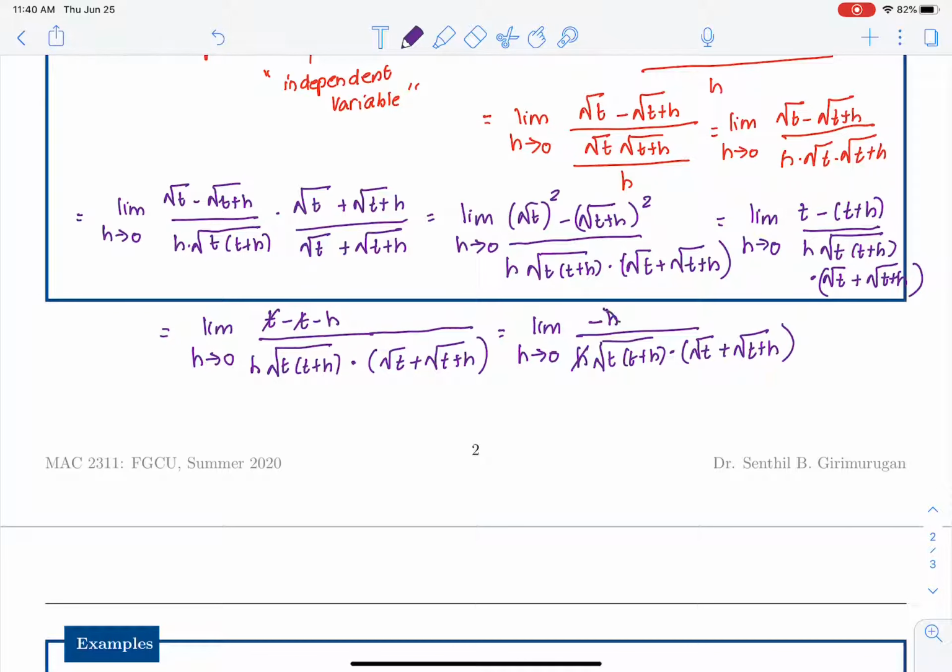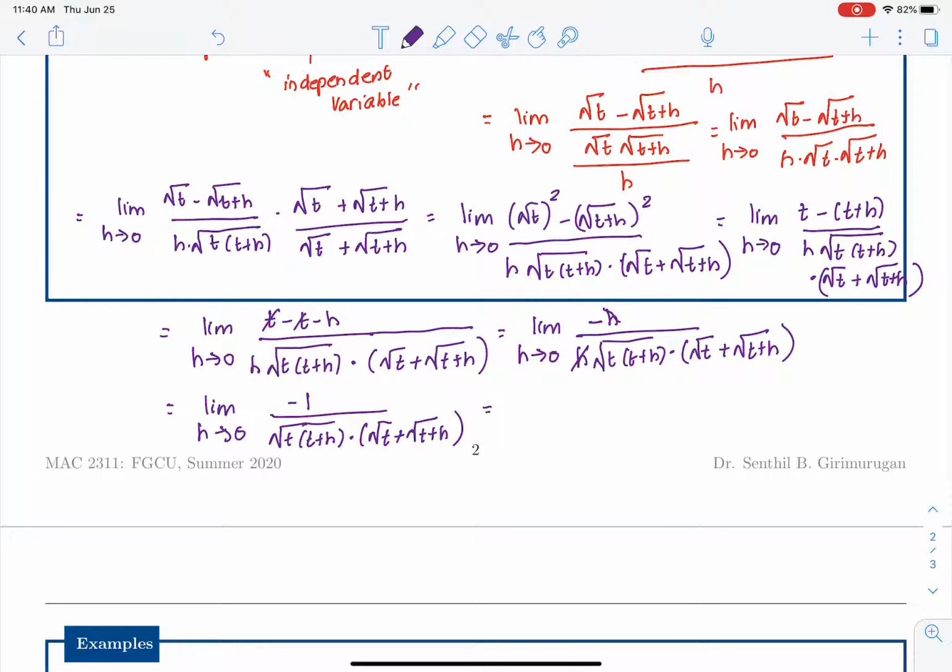The h's will go away. We'll simply have limit h approaches 0, 1 over square root of t times t plus h times square root of t plus square root of t plus h. And there is a negative in the numerator.